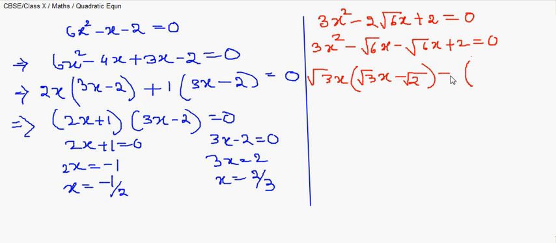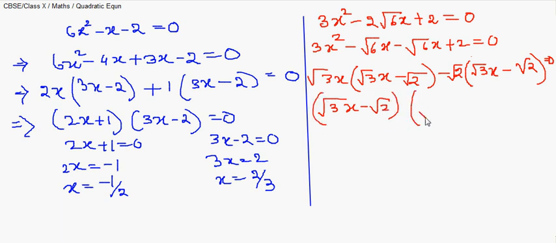I can take a root 2 common because I need a root 3x here, and so it will be a minus root 2, and minus root 2 times minus root 3x gives you a plus 2, that equals 0. So one factor is root 3x minus root 2, and the other one also is root 3x minus root 2.